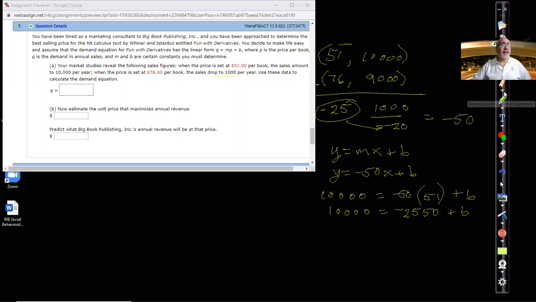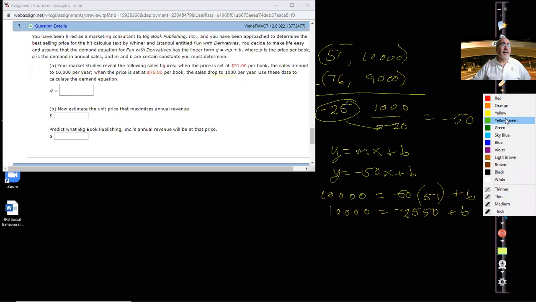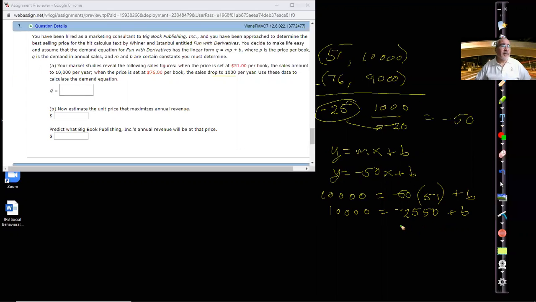So then we add 2,550 to both sides. And we get that b is equal to 12,550. So that's going to give us the equation here.